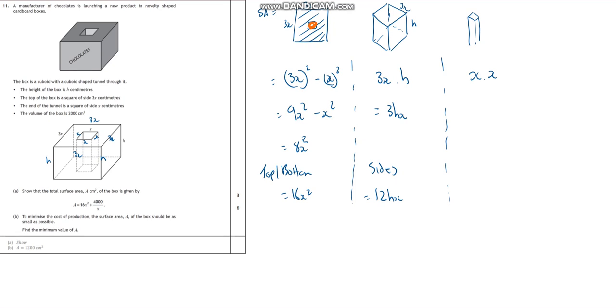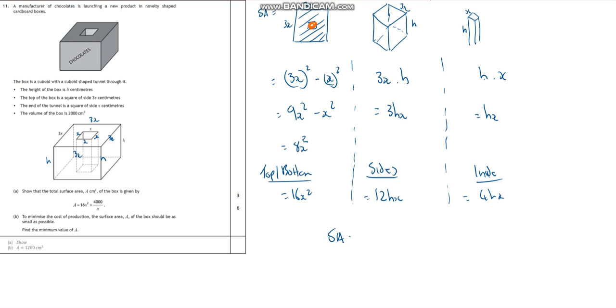Right, it's not times x, so it's x times h, isn't it? Which is the height times width. So it's h times x, it's hx. So the inside are 4 of them, 4hx. So let's put all that together then for the surface area.